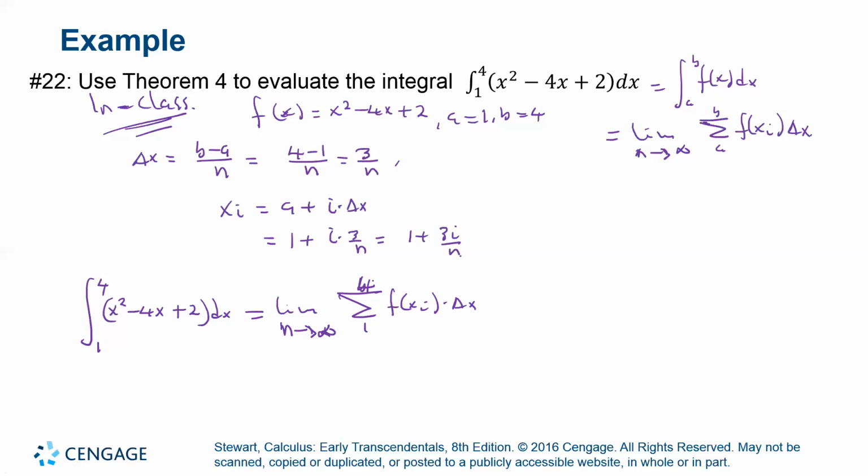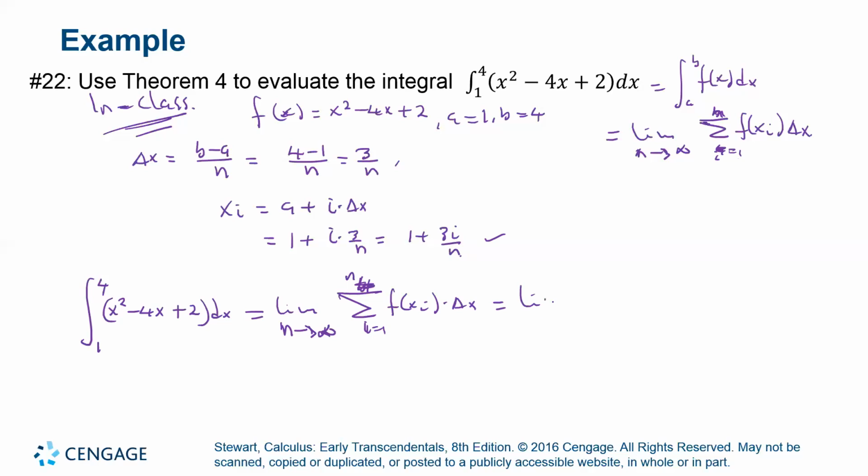Actually, it's not up to n, because you have to add it. This is from i equal to 1 to n, with a equal to 1. Since I have my xi, I have to express everything in that form.